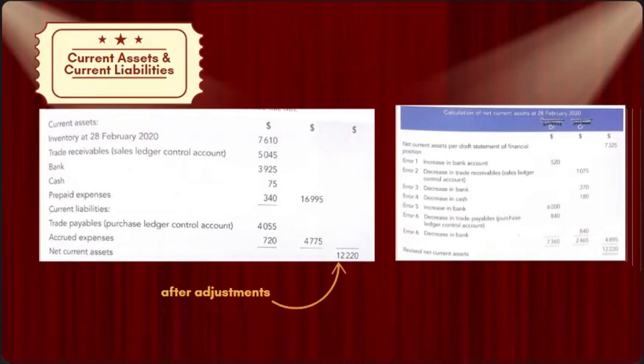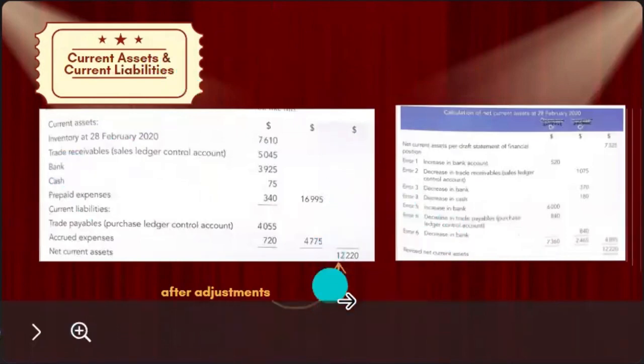This can be done by counting it first in a working sheet. So we adjust the original current assets amount with the adjustments we made in a working sheet first. Then we can make a new list of the current assets and liabilities. And here we can get the new net current assets.